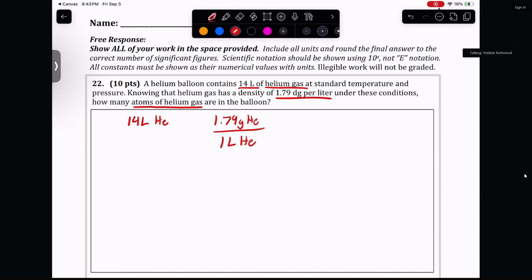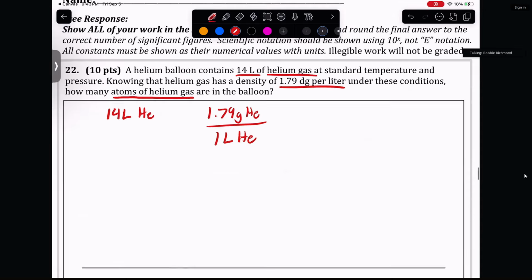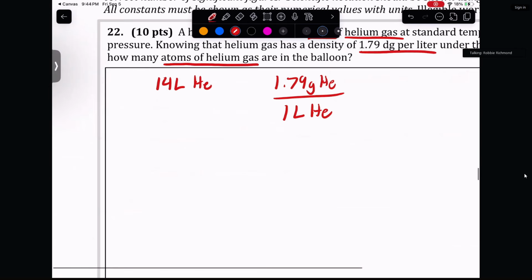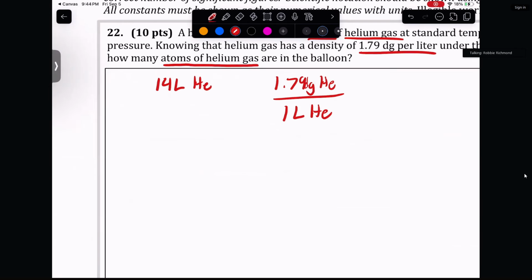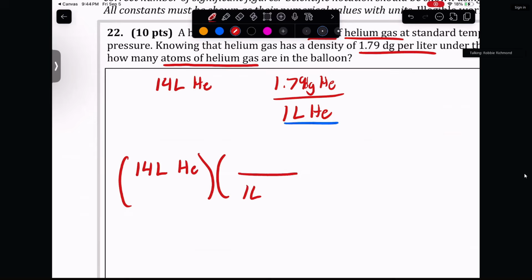So for me, I'll start with 14 liters and see where we can go from. Decigrams, not grams. So 14 liters of helium. Now I see liters on the bottom, so I'm going to put liters on the bottom and see where that cancels out to. That is 1.79 decigrams of helium.